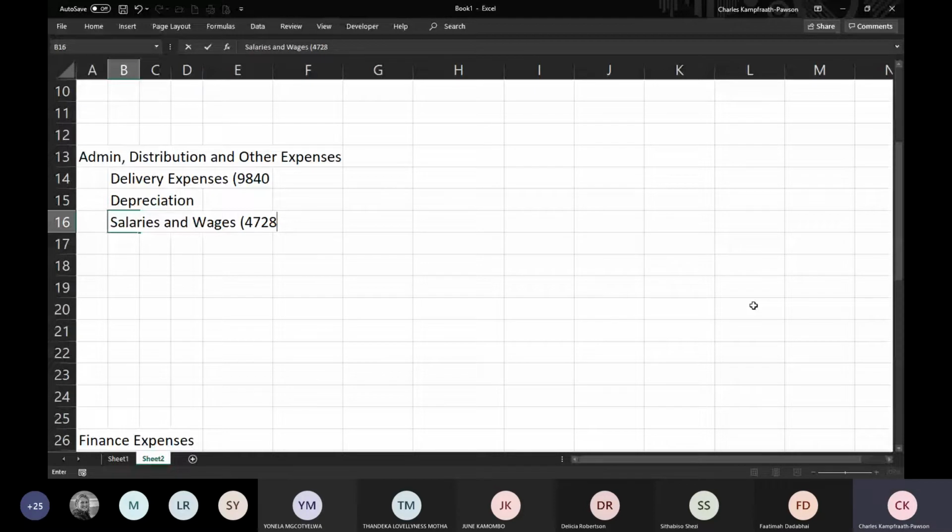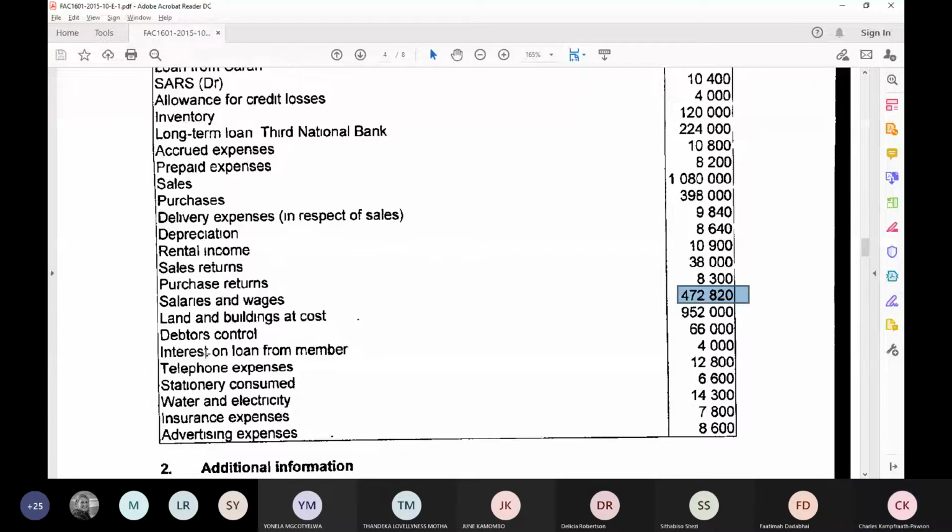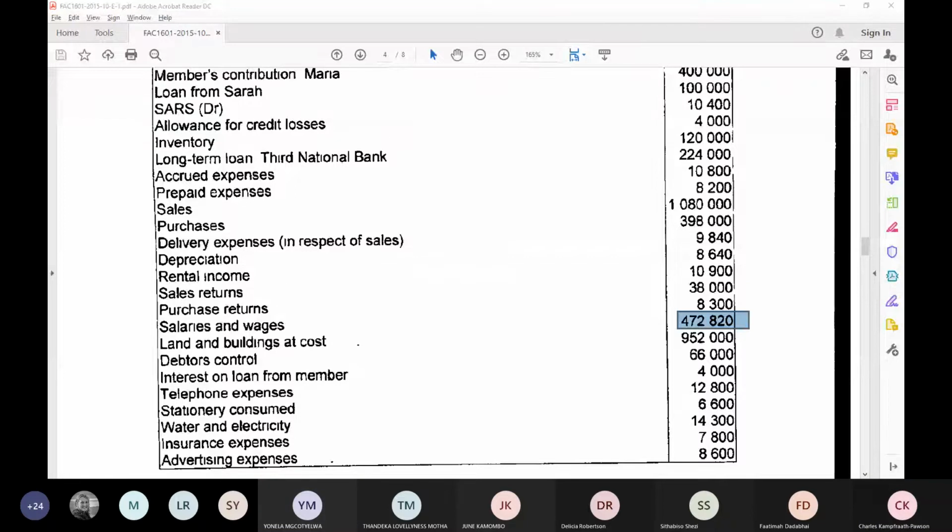And then we have land and buildings at cost, debtors control, interest on loan from member. Where would we put that normally? That's interest income. Everybody happy with it? It's finance cost. It should be a finance cost, because it's interest on loan from member.